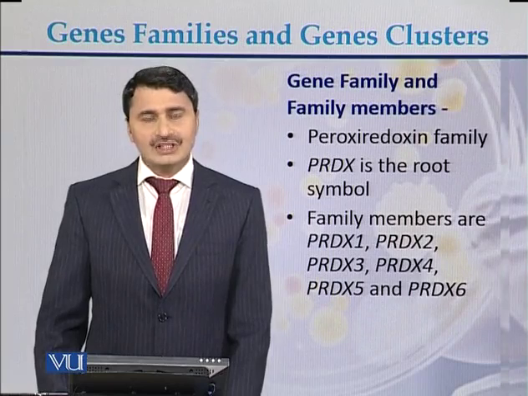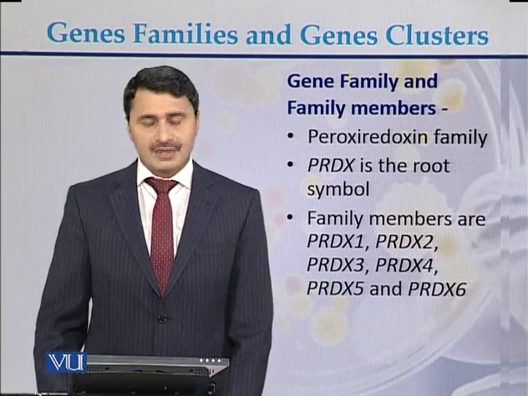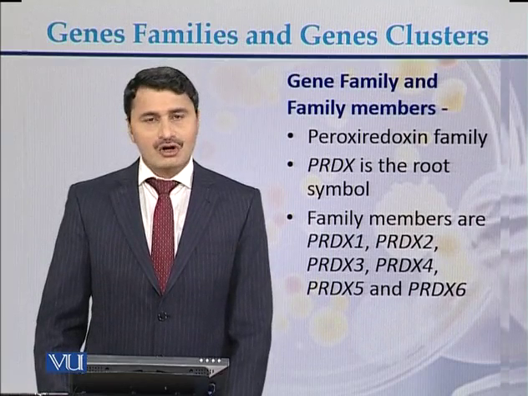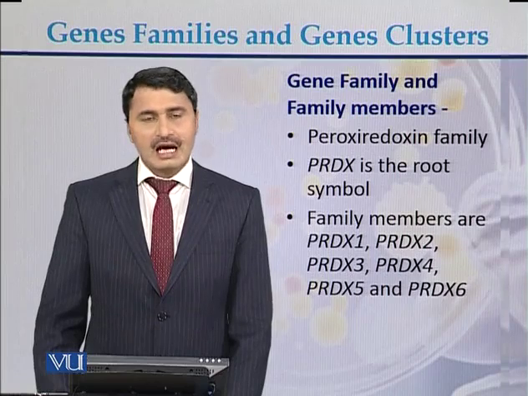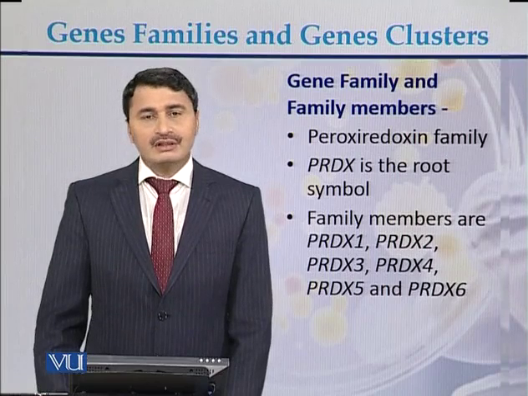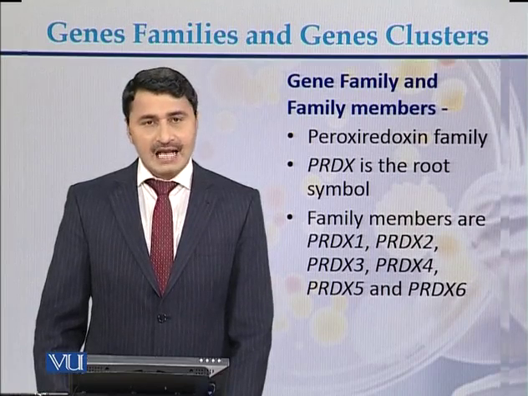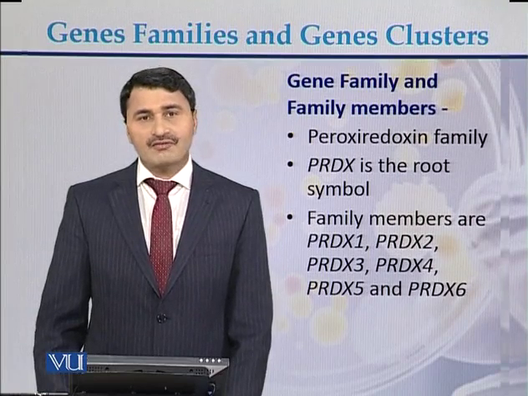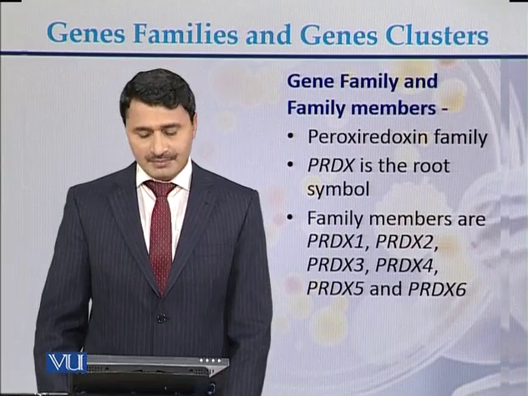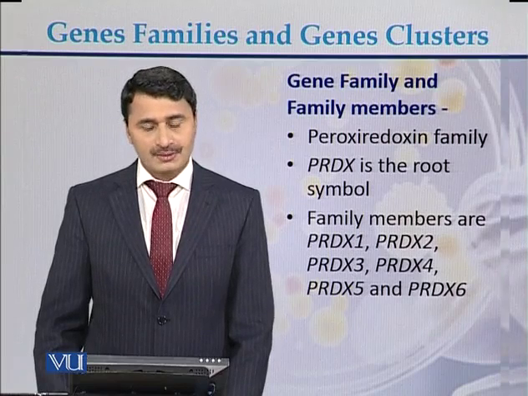An example of a gene family and its family members: the peroxiredoxin family is a gene family. The abbreviation for this gene family is PRDX, which is the root symbol for peroxiredoxin.